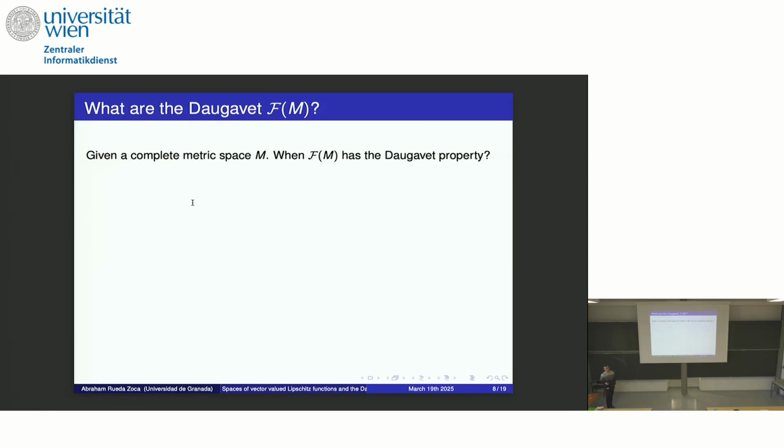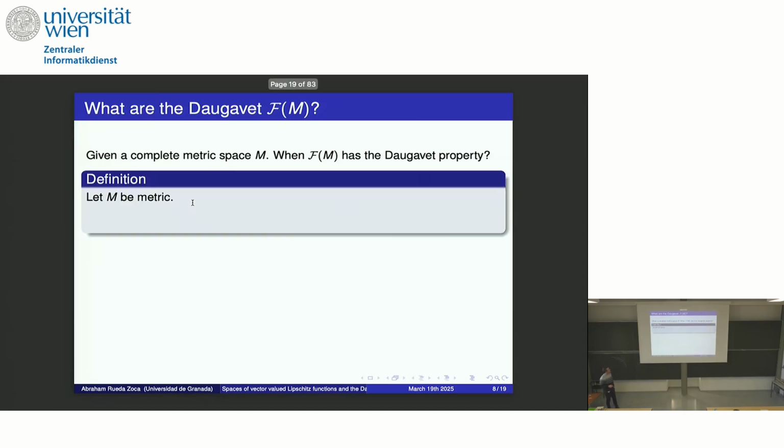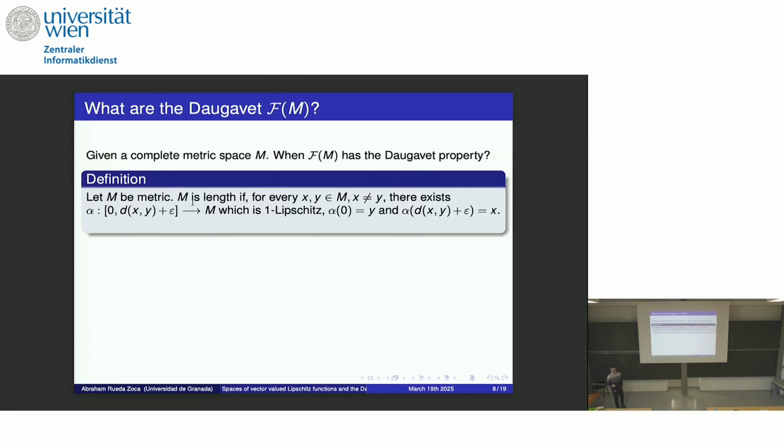Well, it turns out that the Daugavet property is very well described in terms of a condition on the underlying metric space M. Given a metric space M, M is said to be length if, given any pair of points x and y in M, you can always find a 1-Lipschitz mapping joining the points x and y, defined from 0 to the distance d(x,y) plus epsilon.